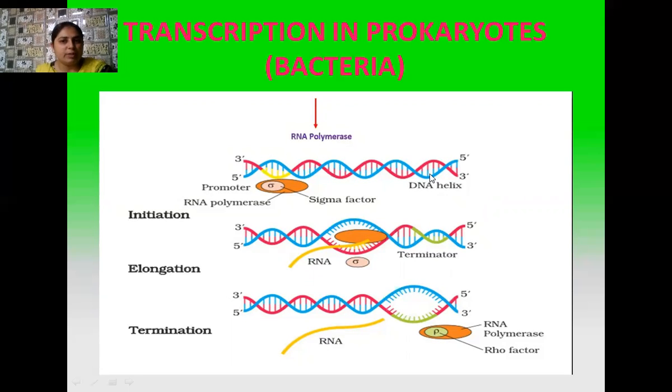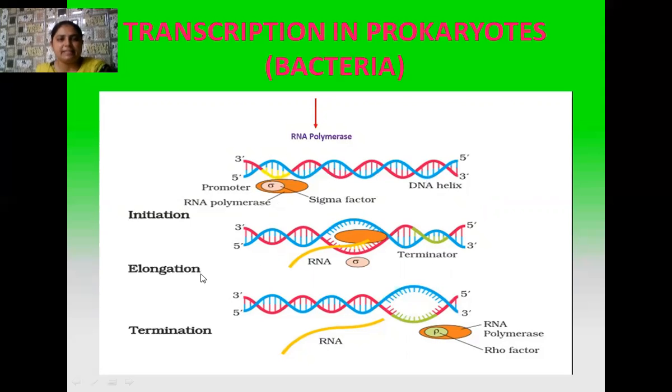In this way, the structural chain as well as the RNA polymerase enzyme, after doing polymerization for some time, and during this polymerization, an RNA strand is formed. The RNA polymerase enzyme carries this RNA strand and reaches the terminator region.